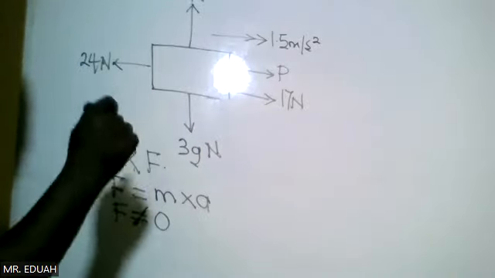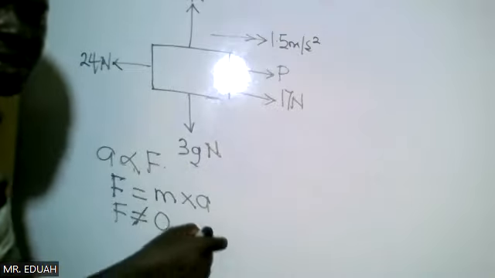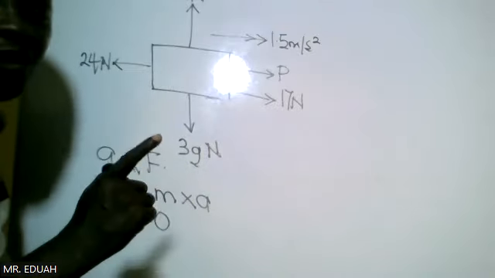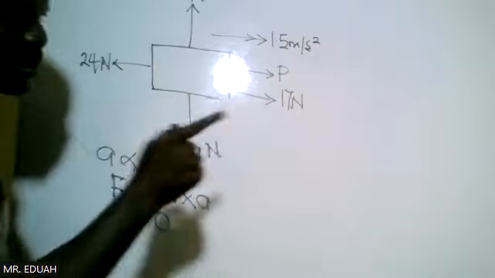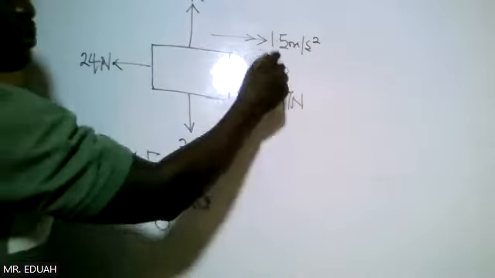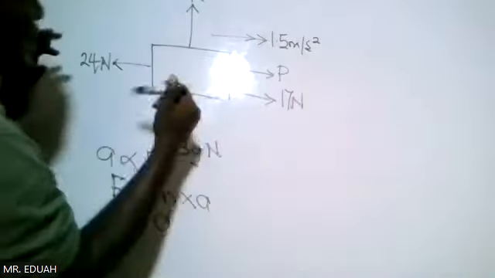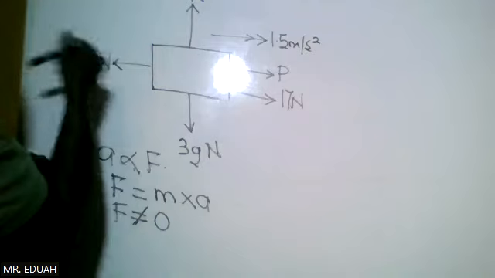It implies that bodies also accelerate in the direction where the force is greater. So if it is moving in the direction of P, then the total forces here must be greater than what is here.